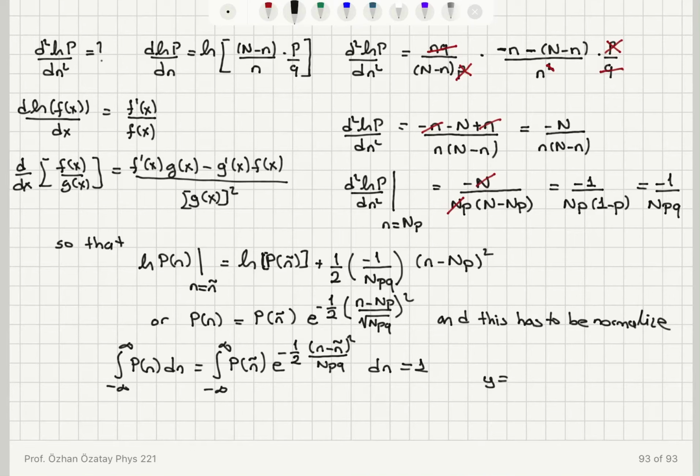And if I call n minus n tilde y, and I also call the probability evaluated at its extremum point, or let's not do that yet. Here I'm going to have y equals n minus n tilde, and therefore n equals y plus n tilde. Therefore dn is going to be equal to dy.